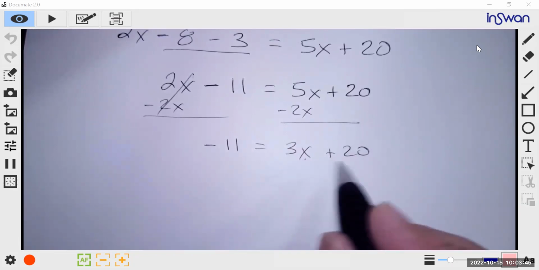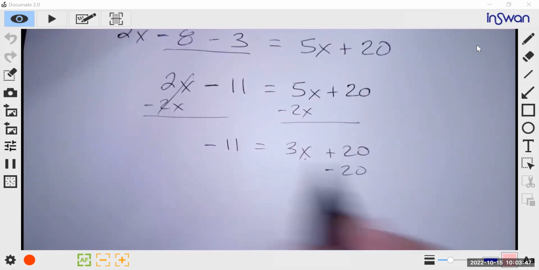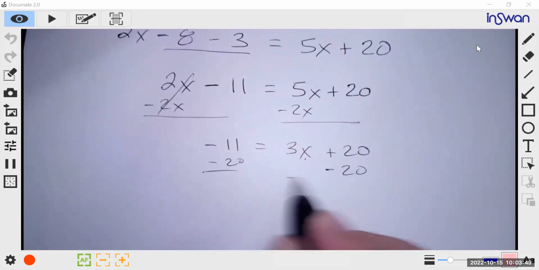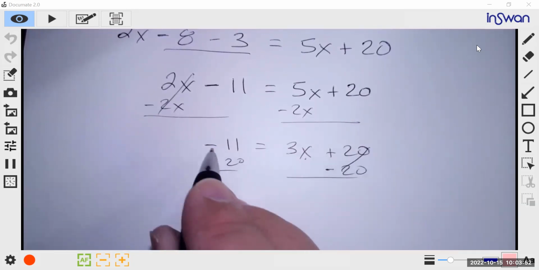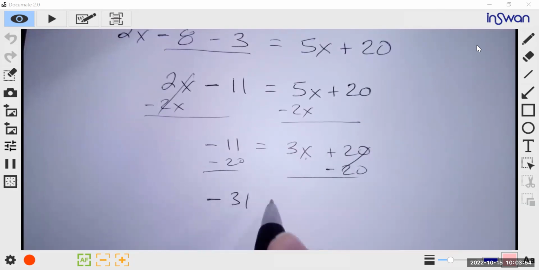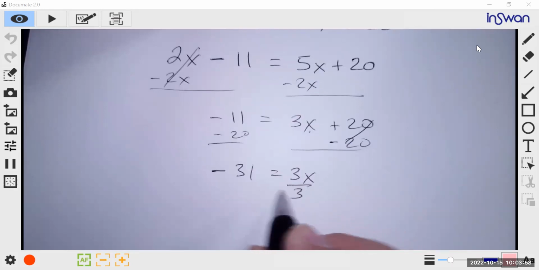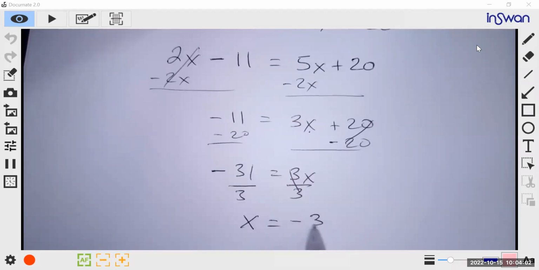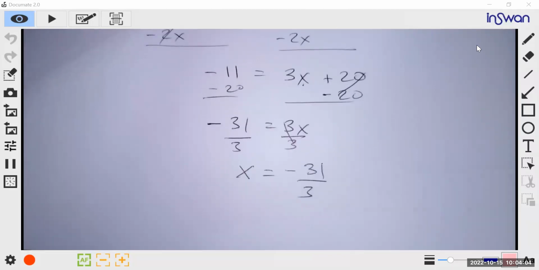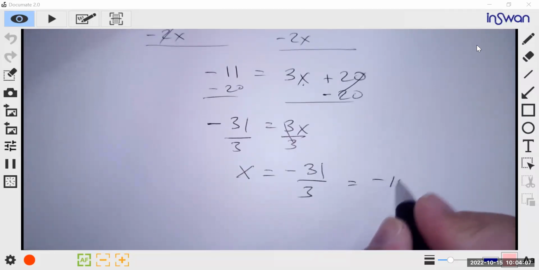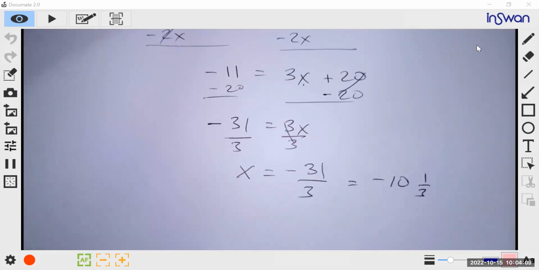Since all the x's are here, we have to get rid of the 20. So we subtract 20 from both sides. So negative 31 equals 3x. Divide by 3. So x is equal to negative 31 over 3, or negative 10 1/3.